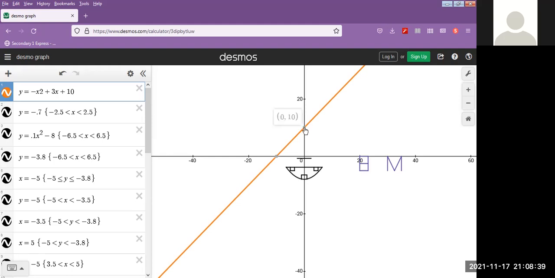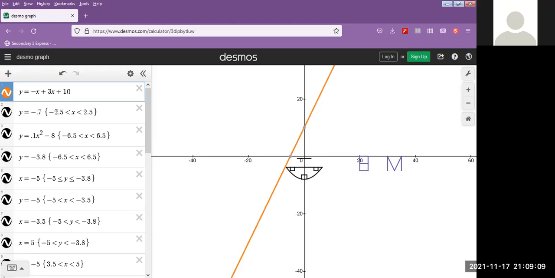So the y-intercept is this point. Can you see? This is where it cuts the y-axis, right? The vertical one is the y-axis. The horizontal one is the x-axis. So the point where it cuts the y-axis is 10. Can you see the point 0, 10? So in this case, the y-intercept is y equals 10.